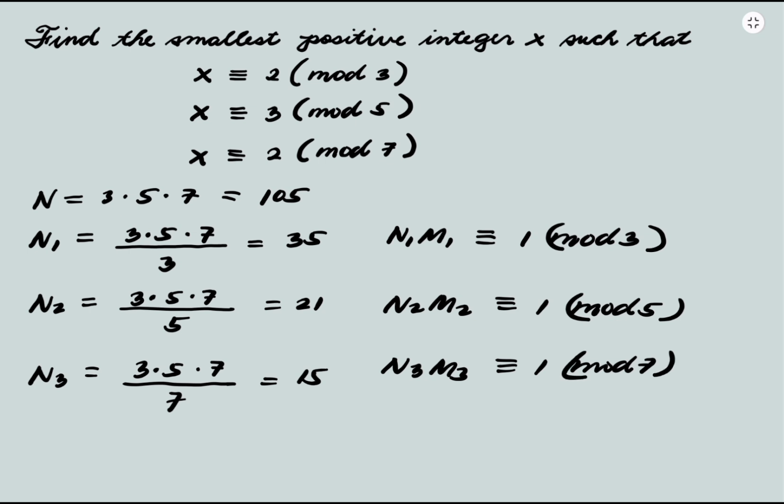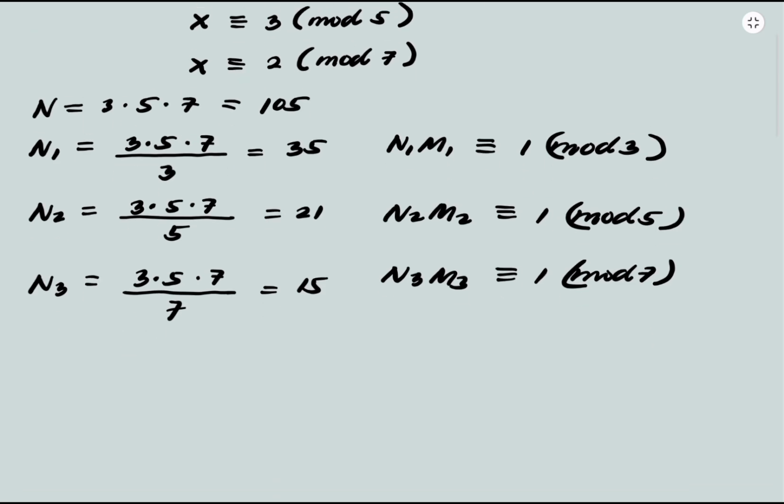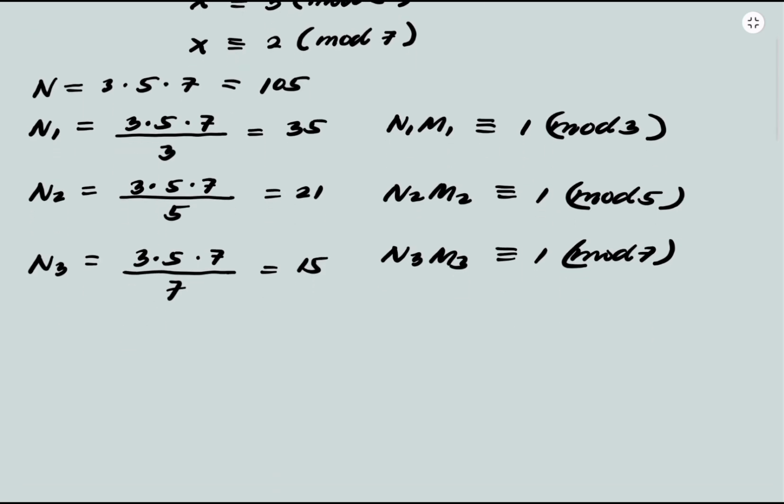So let us find the value of m sub 1. We have n sub 1, which is 35, times m sub 1 must be congruent to 1 modulo 3. We know that 35 divided by 3, the remainder is 2, right?